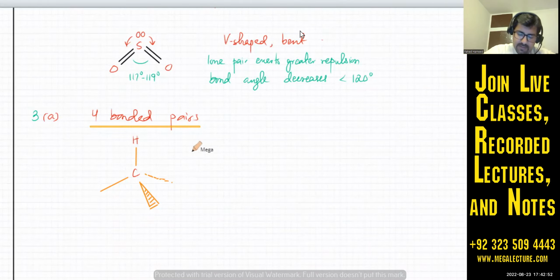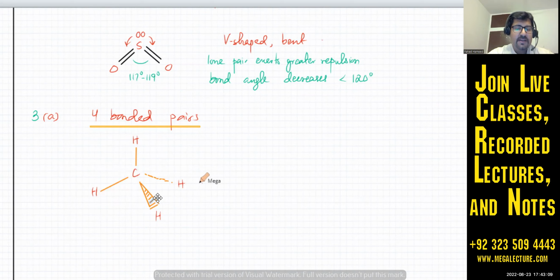That there's going to be hydrogen, hydrogen, यहाँ पे भी hydrogen है और यहाँ पे भी there's hydrogen, right? So it's like all 4 will try to be as far away from each other as possible. So it's like a pyramid, 3-dimensional.